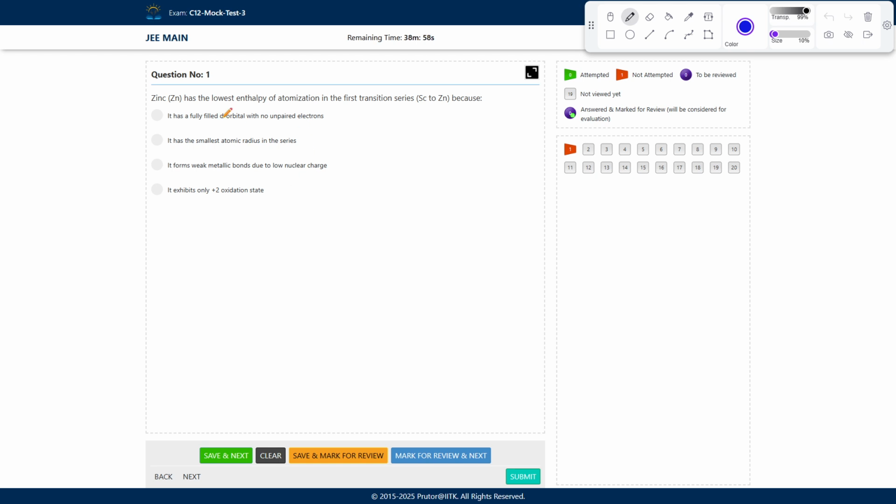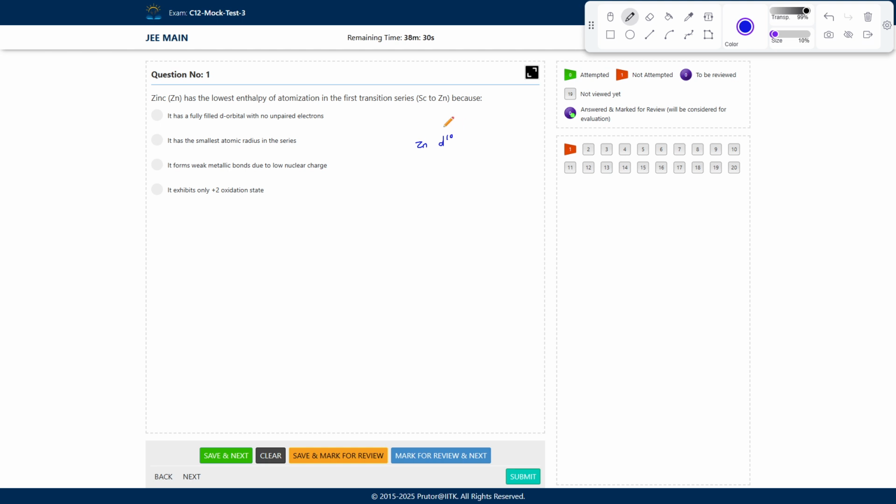So if you see, the enthalpy of atomization depends upon the metallic bonding strength, which forms due to the presence of unpaired electrons in the outermost d orbital present in the element, right? So if you see the electronic configuration of zinc, it has a d10 configuration, which is a fully filled stable configuration.